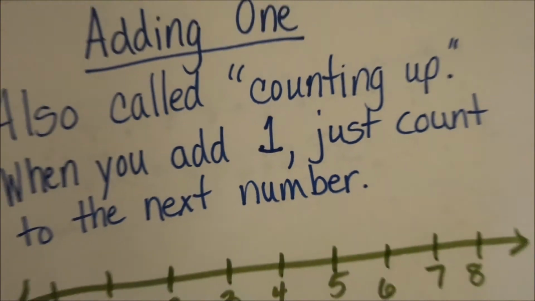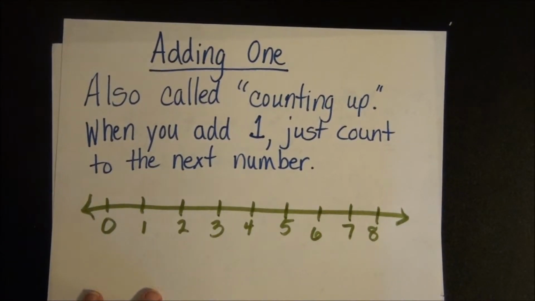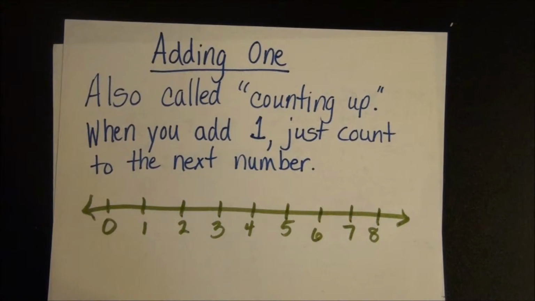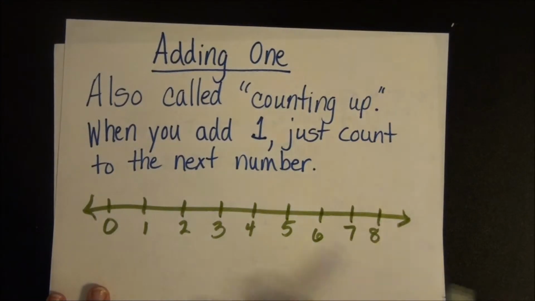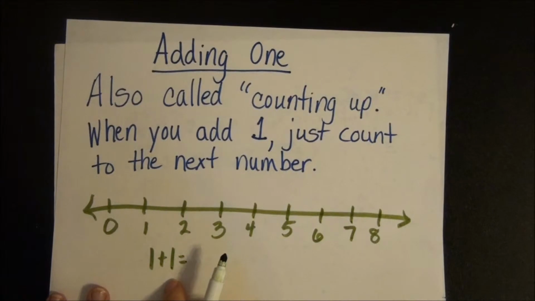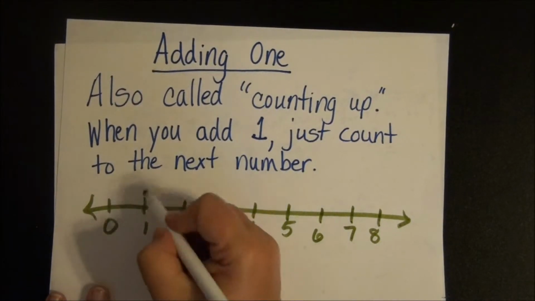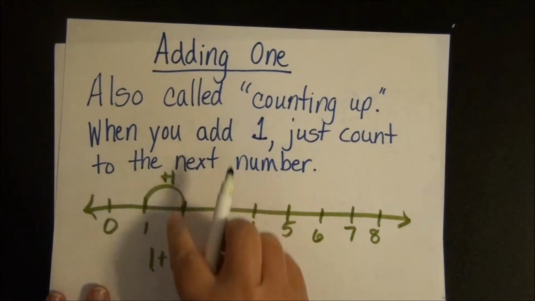Whoops! I'm zooming in by accident. My camera jiggled. Here we go. Let's see if it'll stay like that. Sorry about that. Okay, so here's my standard number line. And I'm going to add 1 plus 1. Now I know this is super easy, but I'm demonstrating the principle. So I start at 1, and I'm going to add 1. I'm just going to count up 1.